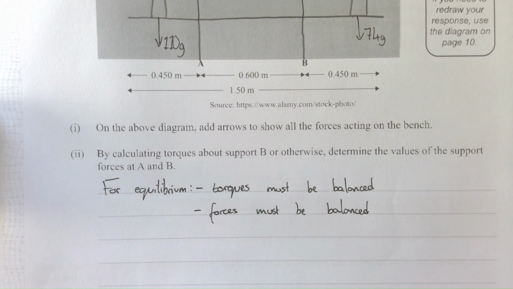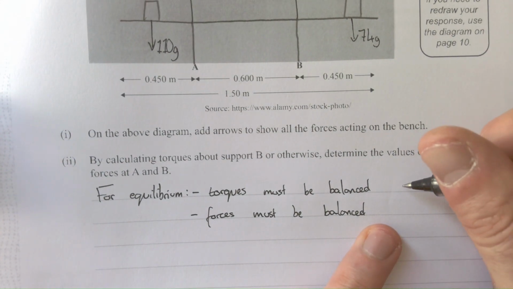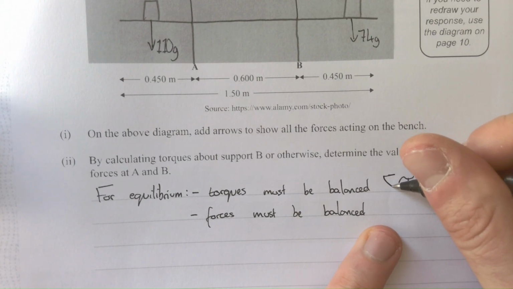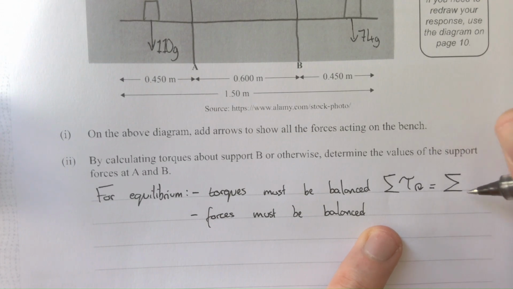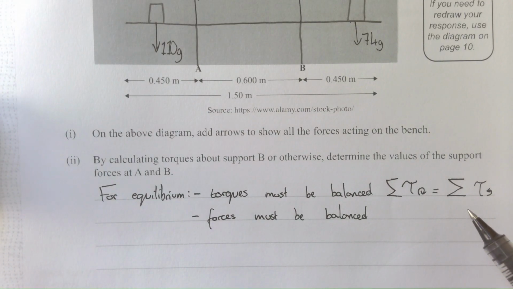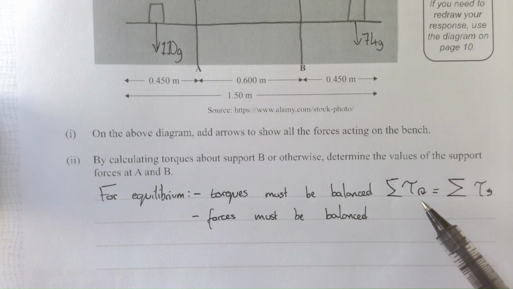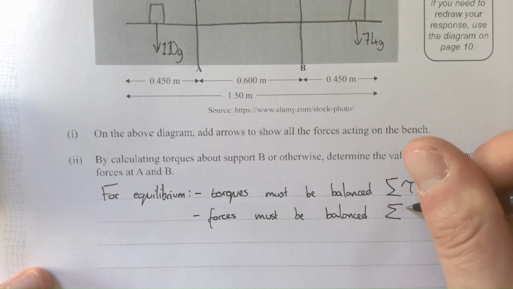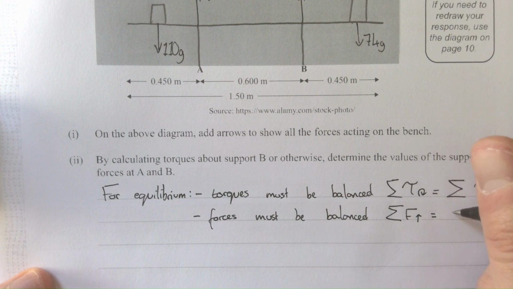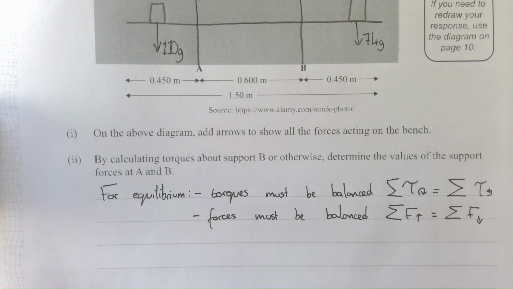Now, what that means is, for torques, the sum of all torques going clockwise must equal the sum of all torques going anti-clockwise. If you aren't familiar with the sigma sign for summing, just write the words all torques clockwise must equal all torques anti-clockwise, in the same way that all forces upwards must equal all forces downwards. So straight away I've set out my rules, and these are the two principles I'm going to use to solve this.